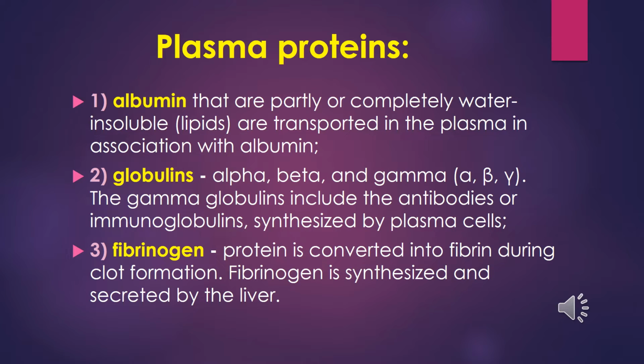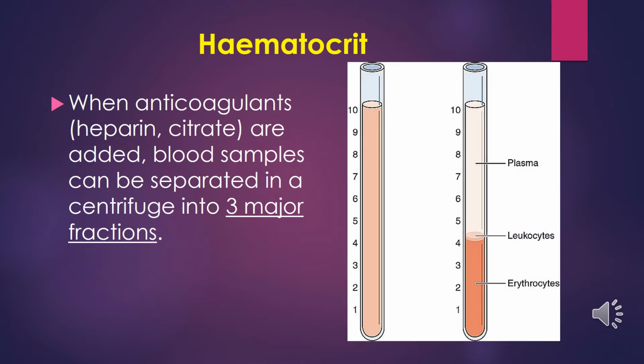Globulins, alpha, beta, and gamma, are very important because they provide immune activity and immune protection. Gamma immunoglobulins have the name antibodies. Fibrinogen is a protein which, after activation, changes to fibrin and is included in the process of clot formation.